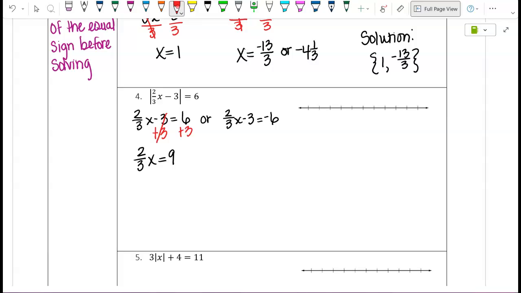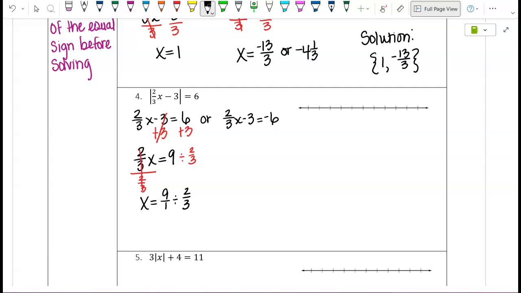That is 2/3 times x, so I'm going to divide by 2/3. So I have x equals 9/1 divided by 2/3. But what do I do with fractions? I don't really divide. What do I do? Multiply, but what else do I have to do? Because I don't just change the division to multiplication.